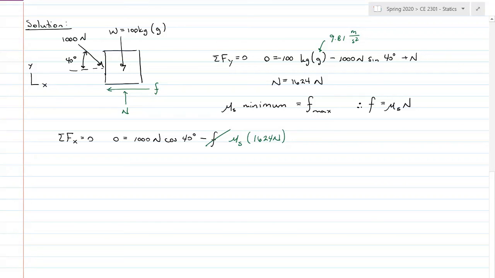And mu s is what I am solving for. Mu s is equal to 0.472, and it's a coefficient, so it is unitless, and that's the minimum surface roughness I need for friction. I know roughness is different, I apologize. That's the minimum surface friction I need so that I can apply this 1,000 newton force at 40 degrees and my system not move.